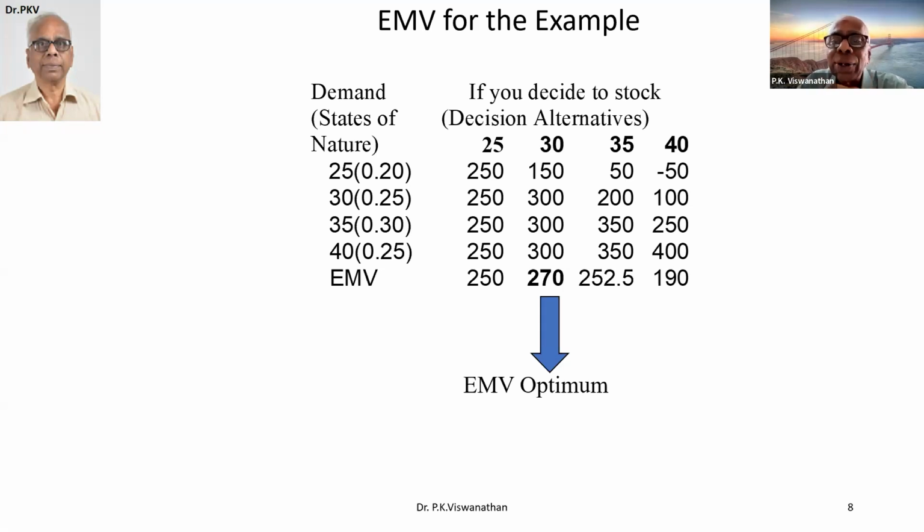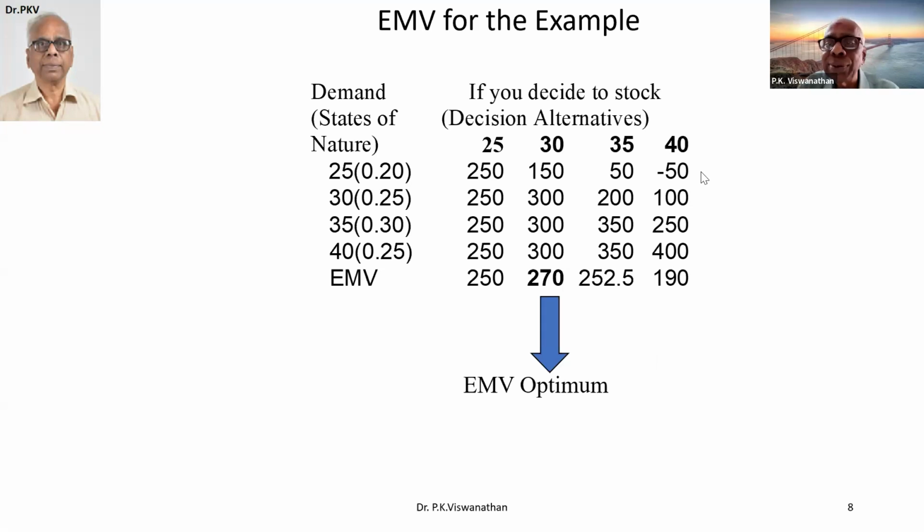Then, if you add, it becomes 252.5. You can check that. 0.3 into 350 is 105. So 105 plus 105 is 210. 210 plus 50 and all that you can do. So you will get 252.5. You can check that answer. If you multiply, you will get this.